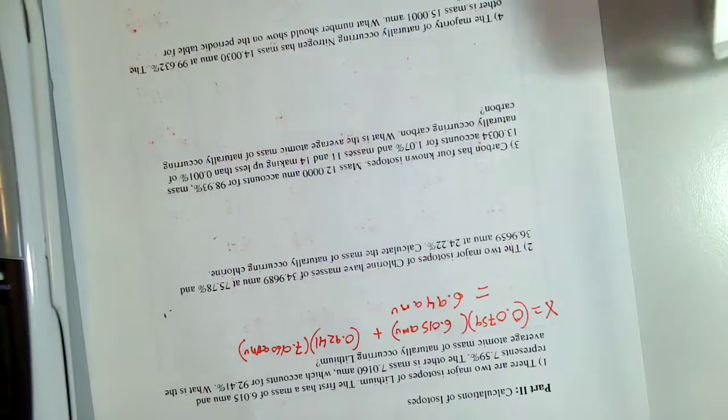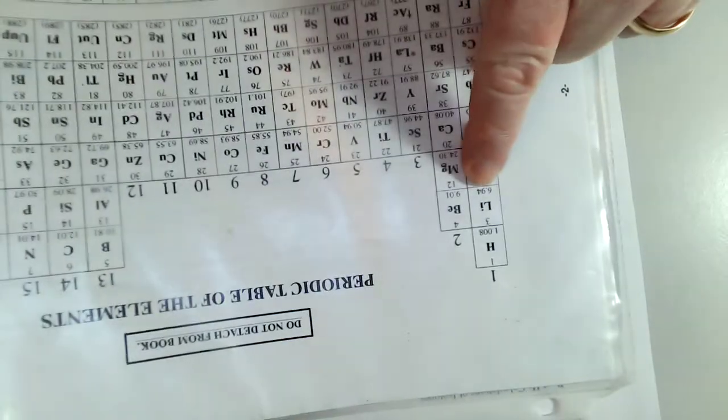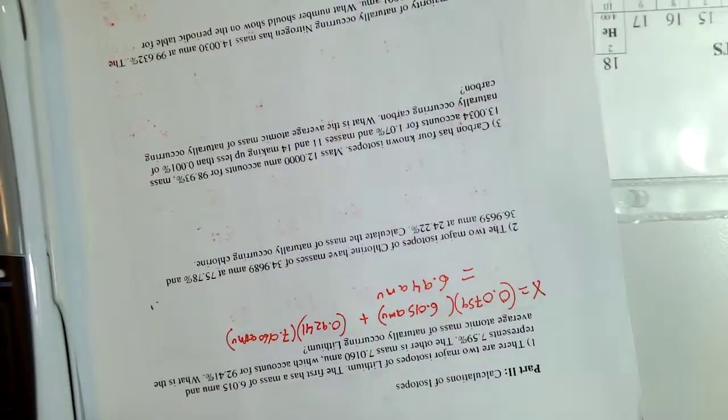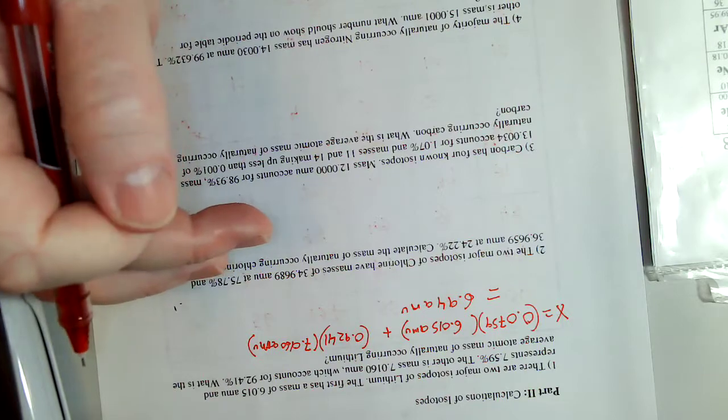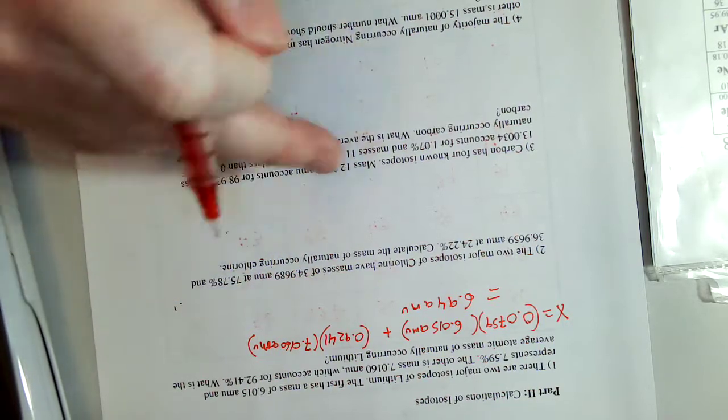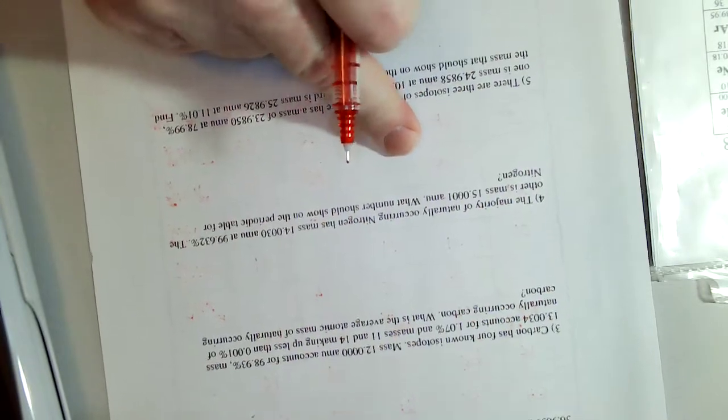Now, I go to my periodic table just to check. Lithium is 6.94. Hey, it worked. Okay? And I would basically do the same thing for these questions as we go down, all done the same way.